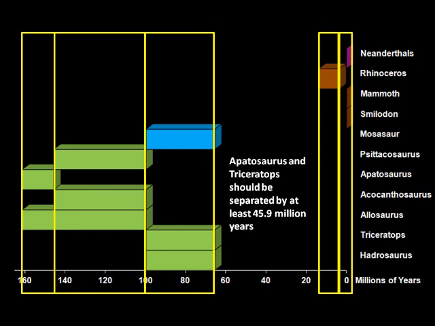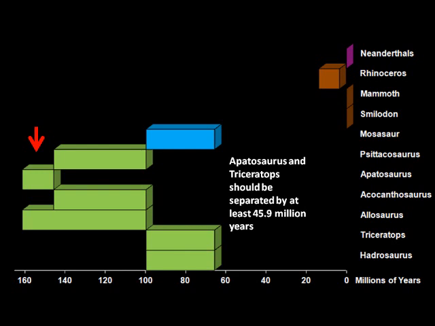We should find at least 5 distinct sets of ages when we break it down. And notice that the Apatosaurus should live here, the Triceratops here. So they should definitely never overlap. In fact, the Apatosaurus and Triceratops should be separated by at least 45.9 million years, at least.